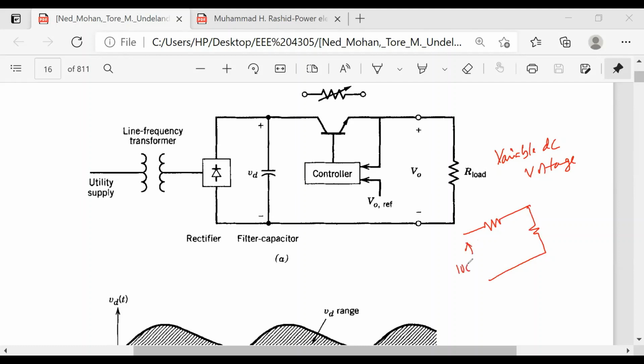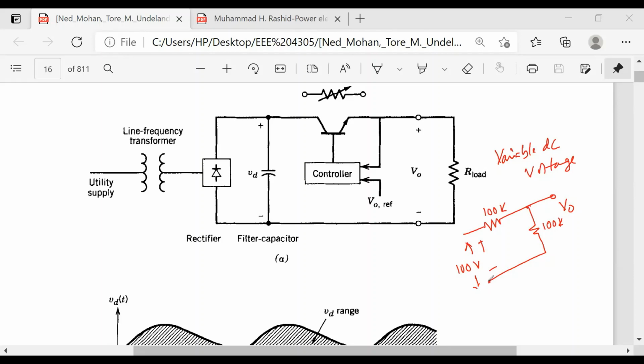Suppose this is your 100 volt, this is your 100K, this is your 100K. What will be your output? 50 volts. 50 volt, voltage divider, right?